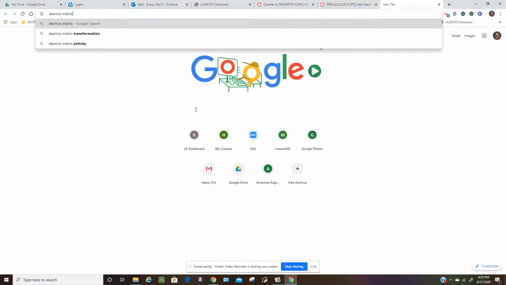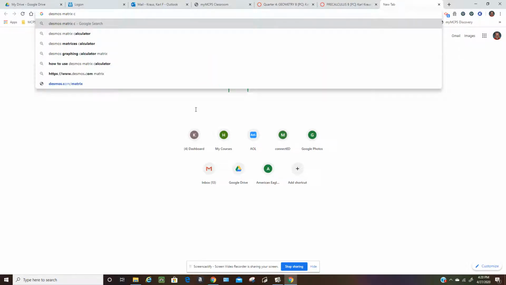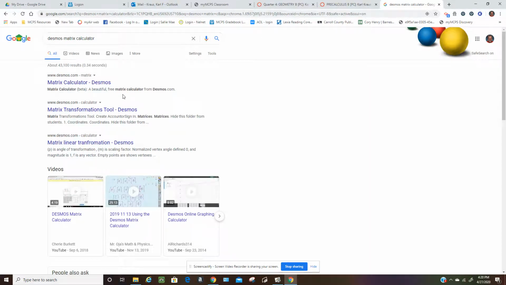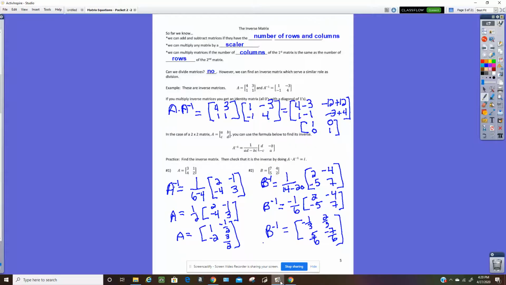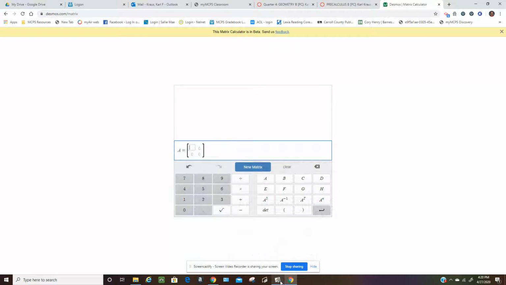So if I just type that in, here it is here, Desmos matrix calculator. It's this first one here, this first link. And then I want to make a new matrix here. And it's a 2x2. So when I add it, then it's asking me for the elements here. So if I go back here, it's 3, 1, 4, 2.